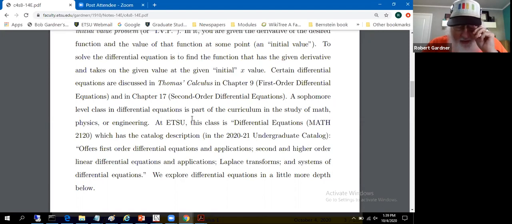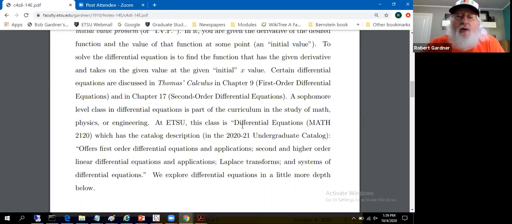If you're in math, physics, engineering, conceivably chemistry, physical chemistry, deals with rate equations, which are just differential equations, it turns out. It's likely you've got a differential equations class in your future if you're in one of the STEM areas, basically. In biology, population growth models come to you as differential equations as well.